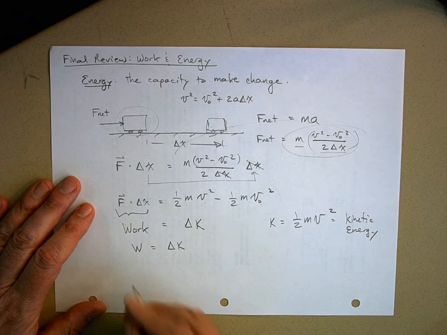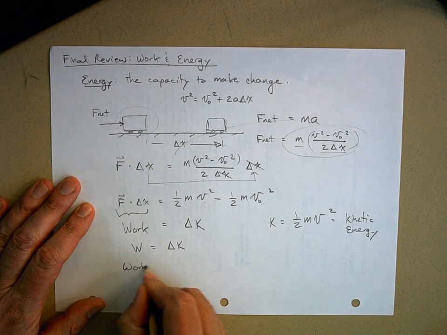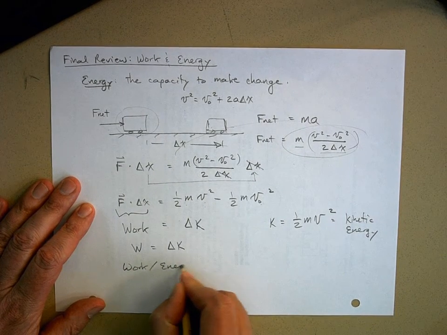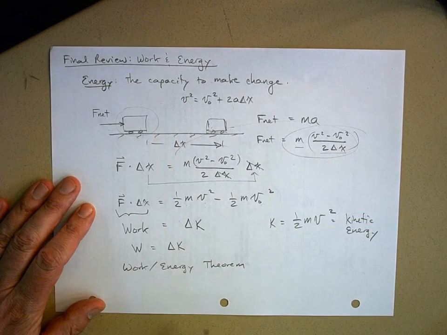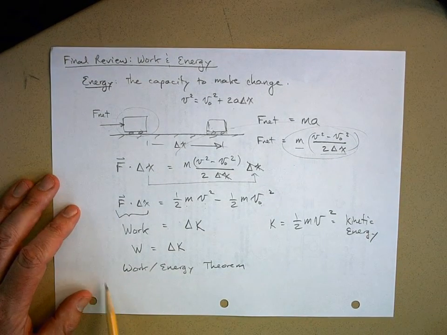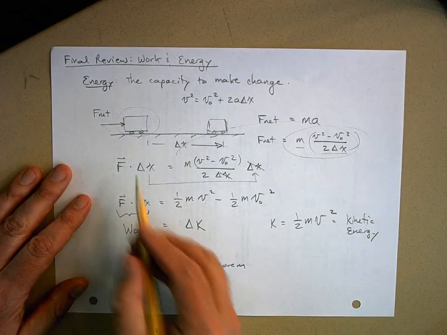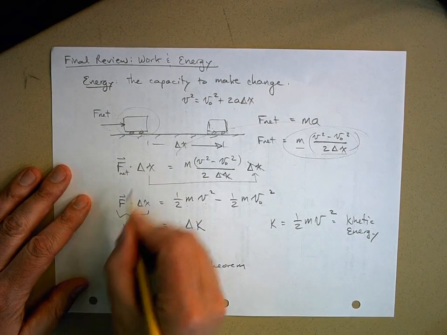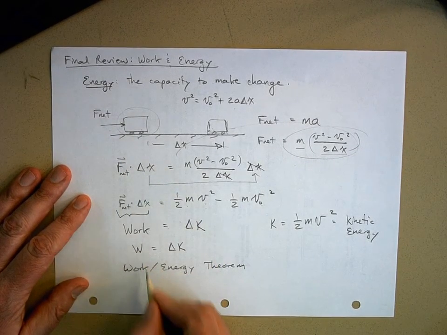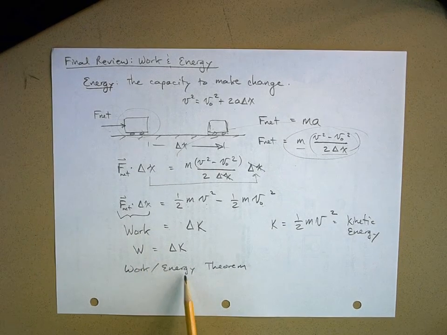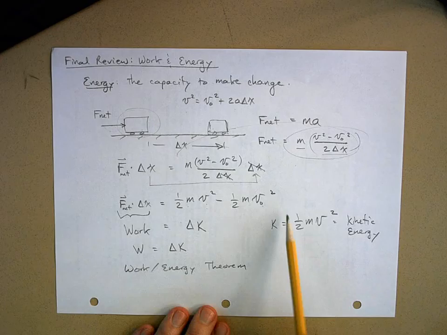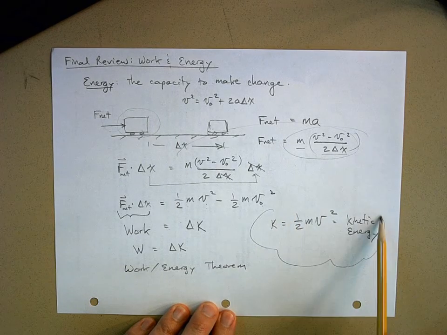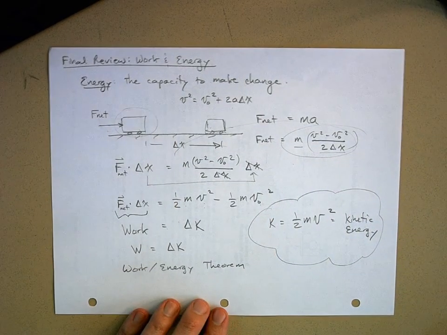This is called the work energy theorem. And it's a fundamental law of physics. Basically, this force right here is the net force. And if the net force does work, you're going to change the kinetic energy of the object. And kinetic energy is the first kind of energy we talked about.